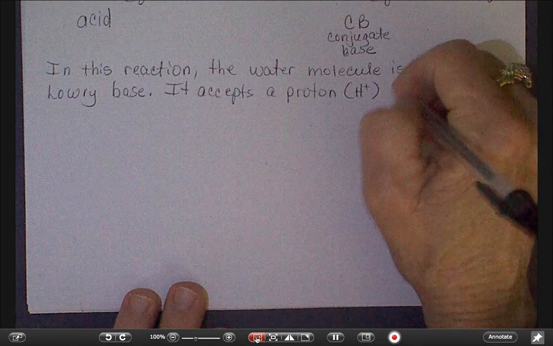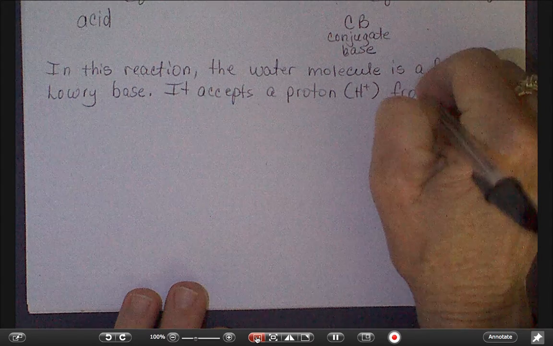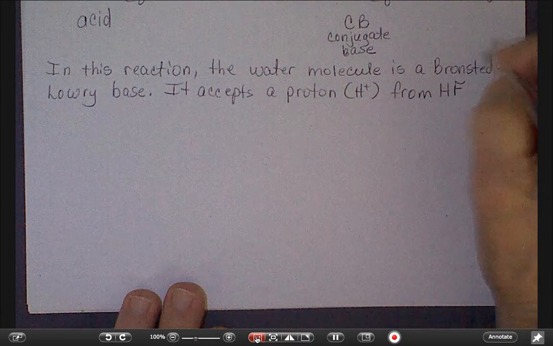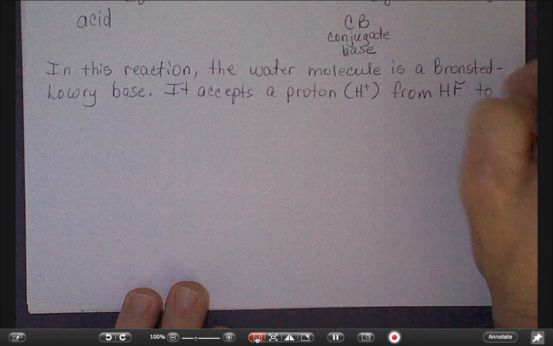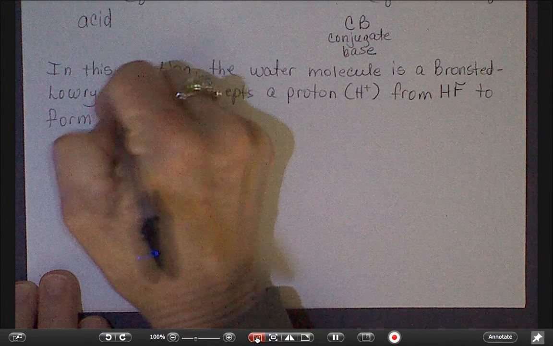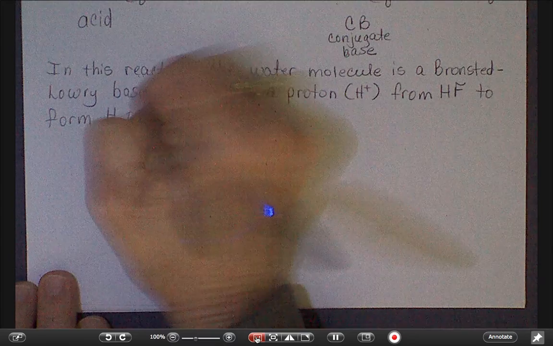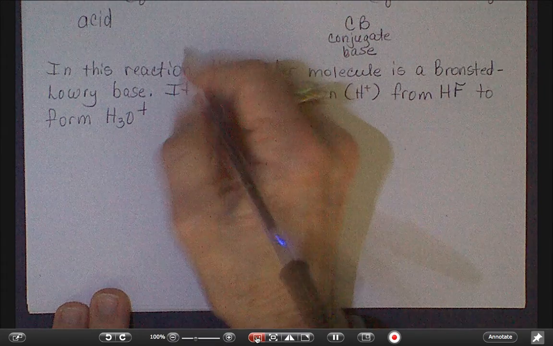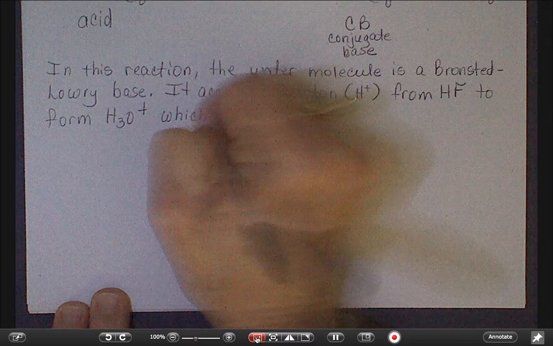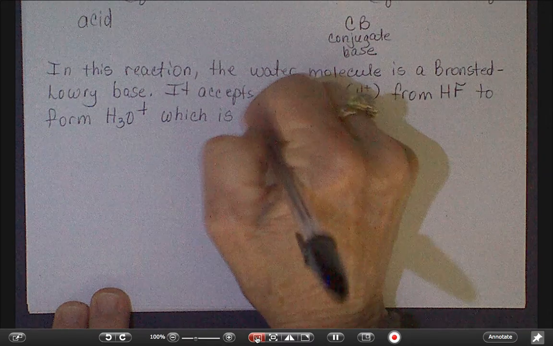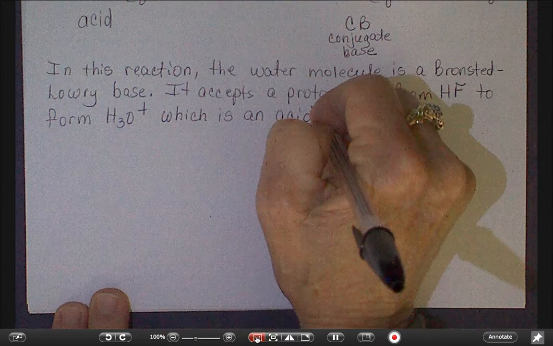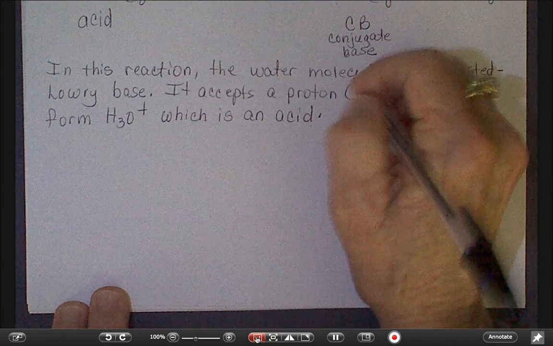That's exactly right. It accepts a proton from HF to form H3O plus, which is an acid. The hydronium ion.